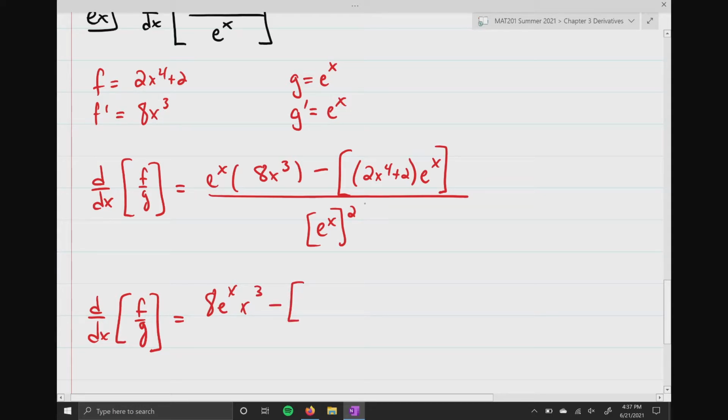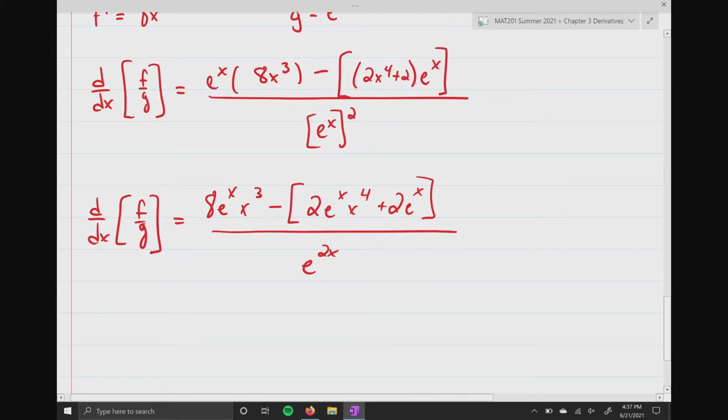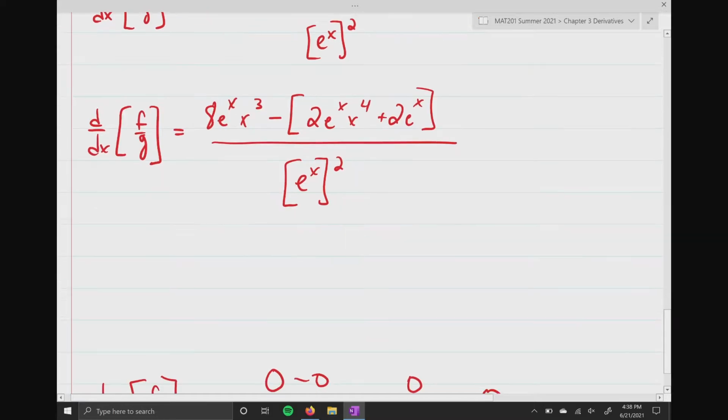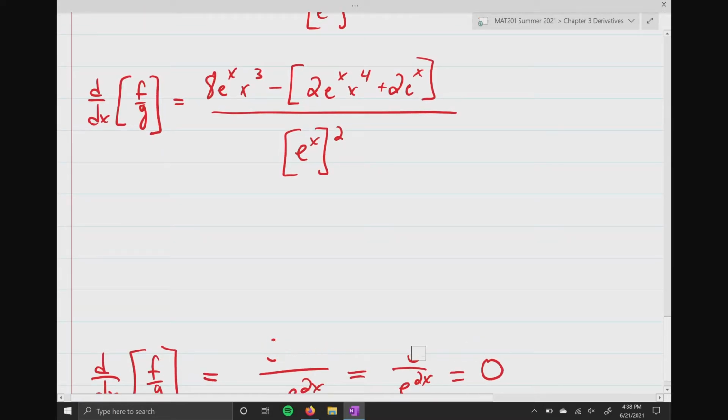Now I'm going to distribute the e to the x, so that's going to give me 2 e to the x times x to the fourth, plus 2 e to the x, all over e to the 2x. Actually, you know what? Let's leave it as e to the x quantity squared. Sorry about that. Let's just erase this real fast.